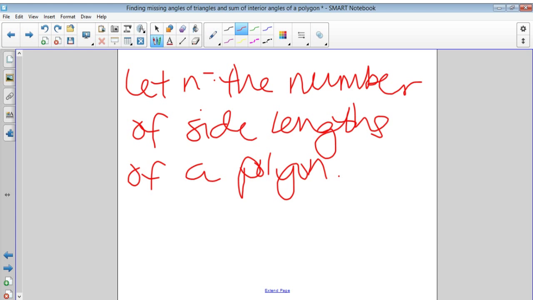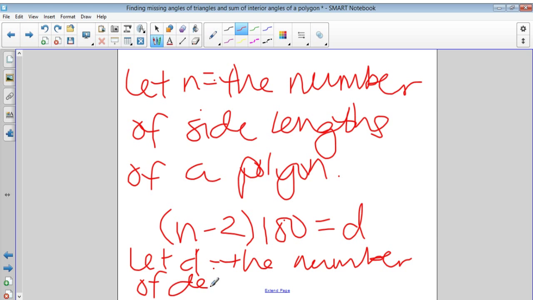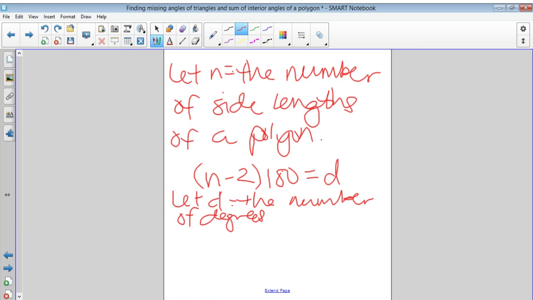Then the expression n minus 2 times 180 gives us the number of degrees in the polygon. So let d equal the number of degrees in a polygon.